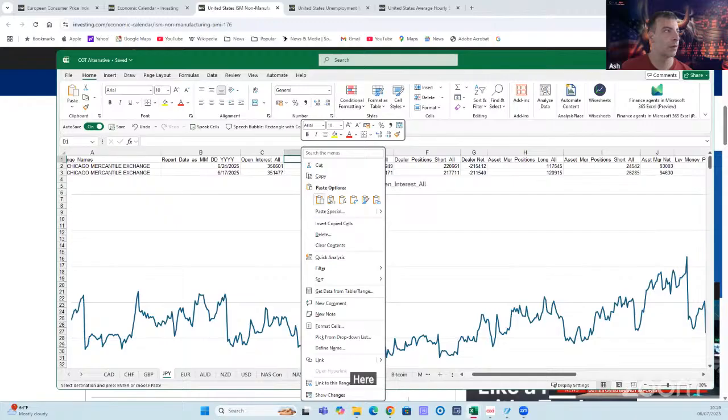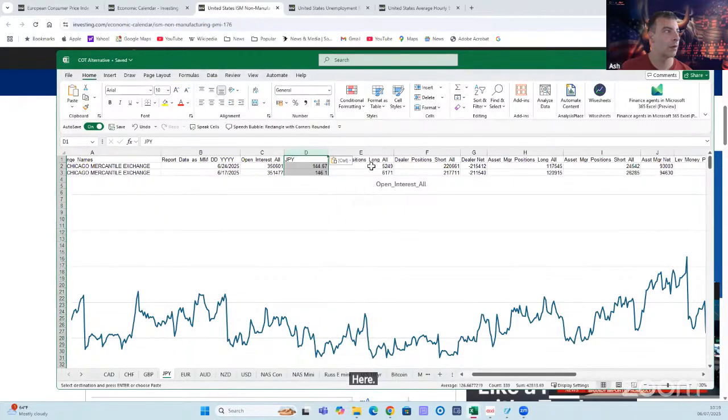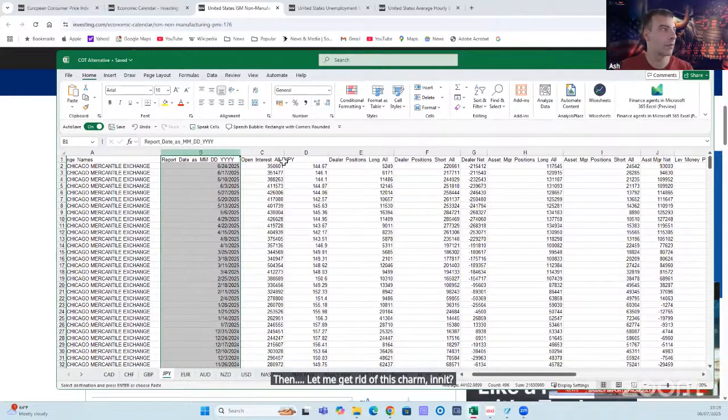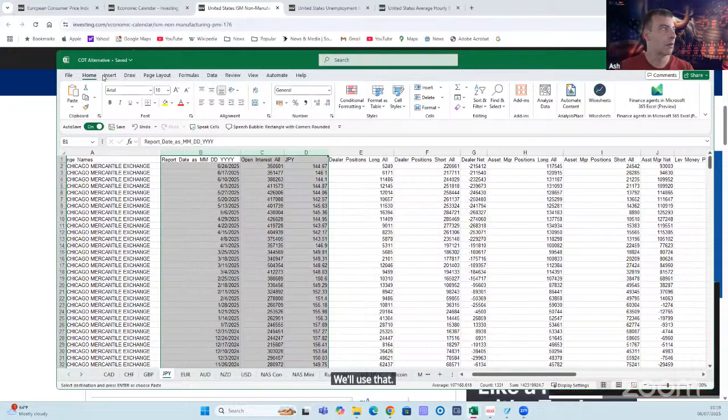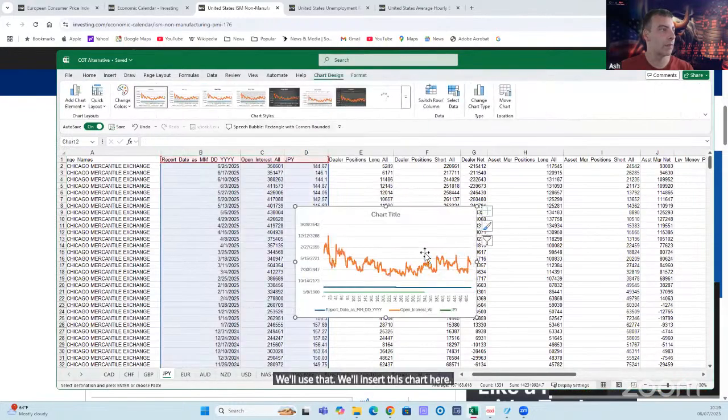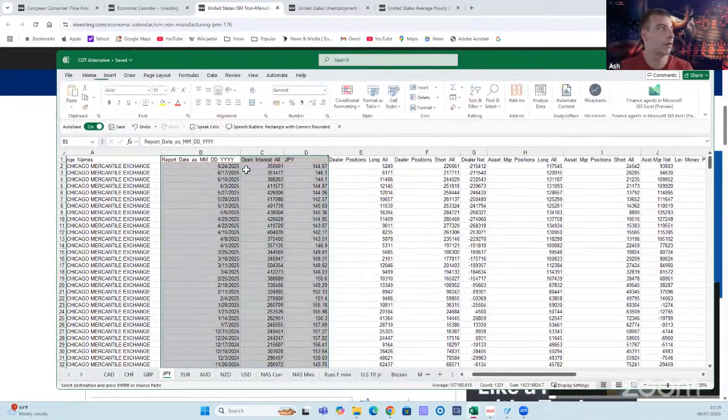I'll get rid of this chart for a minute. We'll use that. We'll insert this chart here. And it's not going to work.